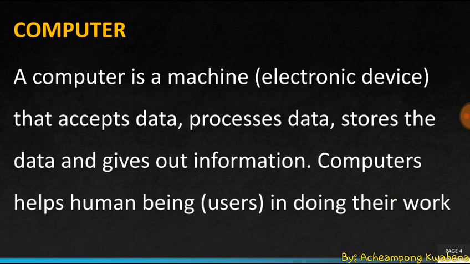When you talk of a computer, it is a machine or an electronic device. We are using electronic because it uses electricity. So a computer is a machine or an electronic device that accepts data, processes the data, stores the data, and gives out information.